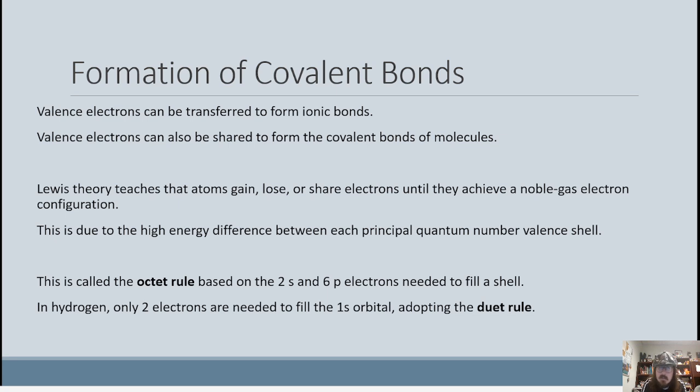Now, if you want to know why the noble gas, this is due to the high energy difference between each principal quantum number of the valence shell. So, filling all the electrons, once this is full, the next level is way up here. So to promote the next electron in is a big, big energy investment.